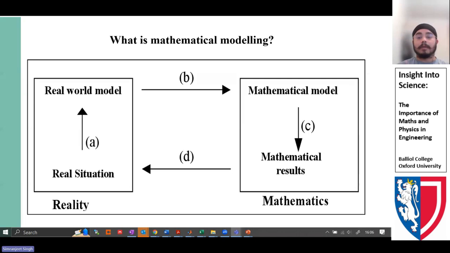So what is a mathematical model? When we say mathematical model, it involves a whole lot of mathematical equations, which are motivated by physics.